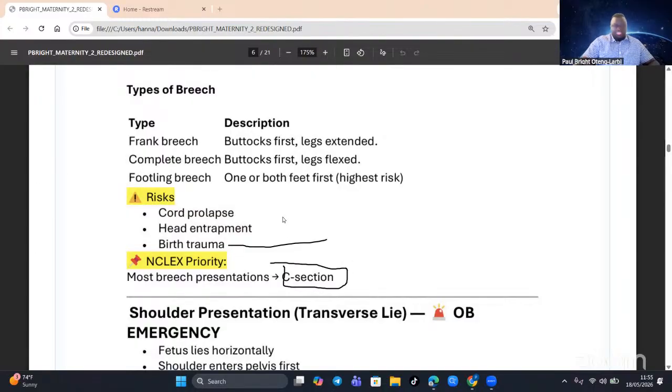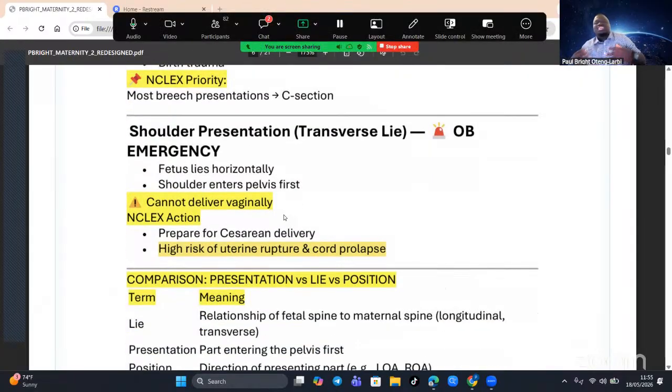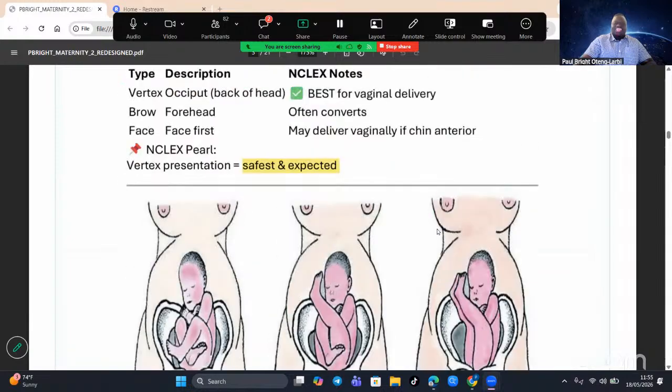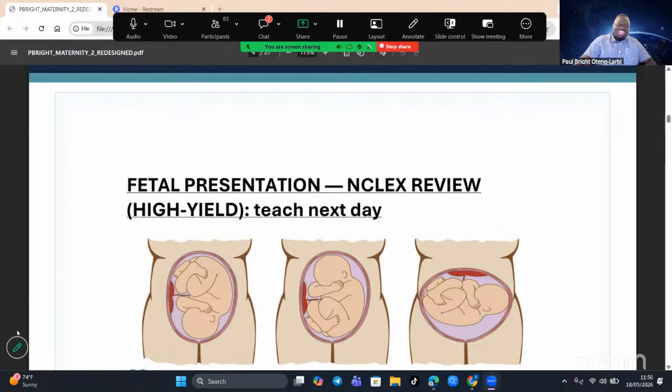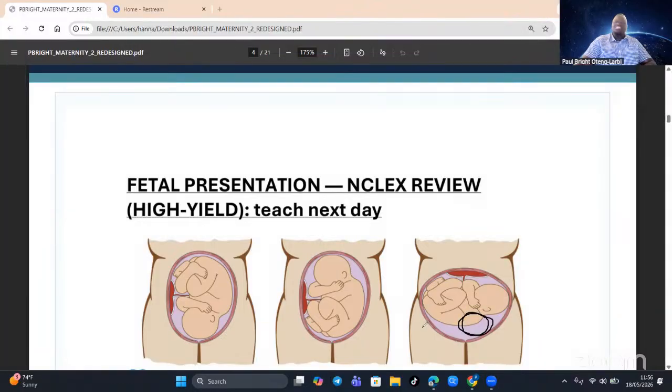C-sections. Okay. Now let's go to shoulder. Somebody came with their shoulder. One side, shoulder. So shoulder, transverse. Okay. That's where the doctors have problem. My shoulder. This is the pelvis. It makes you lie transversely, in relation to the centrality of the woman.